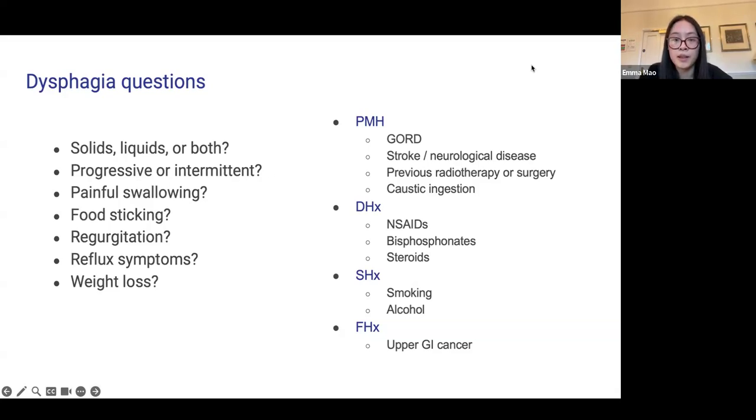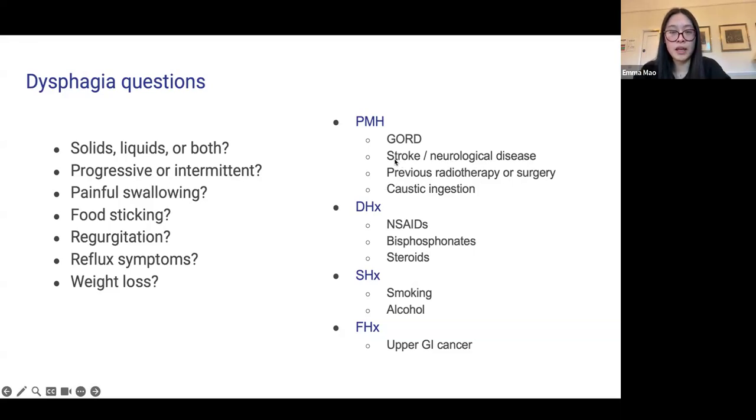With all OSCE questions, you also ask about the past medical history. Here, the relevant ones could be gastroesophageal reflux disease, which irritates the esophagus, making it difficult to swallow, including caustic ingestion, so damaging your esophagus through chemicals. Radiotherapy or surgery can link to strictures and adhesions.